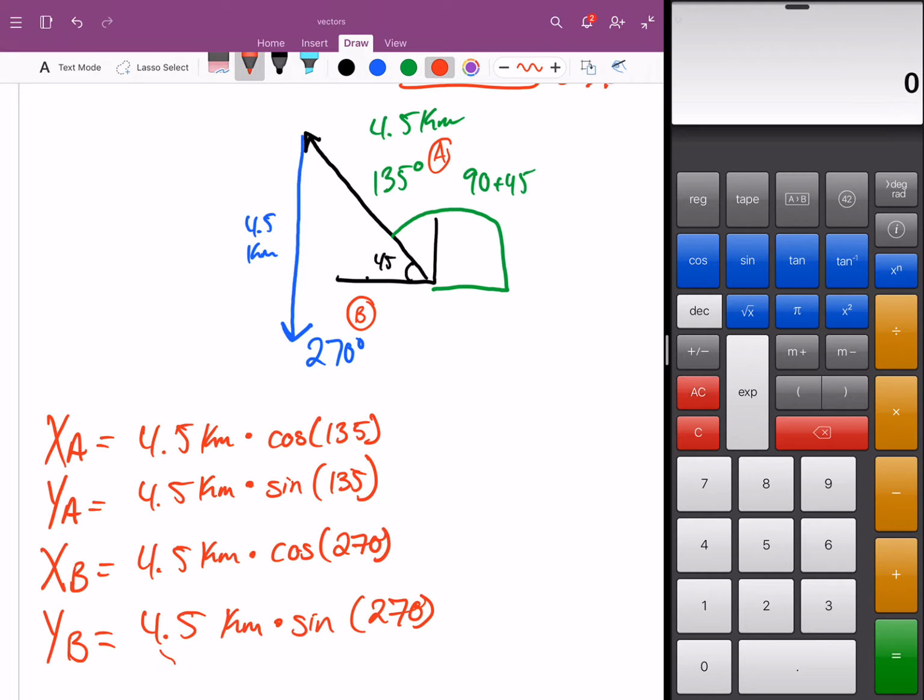Now calculate 135 cosine times 4.5 equals negative 3.2. Let's keep these rounded. 135 sine times 4.5 equals positive 3.2.